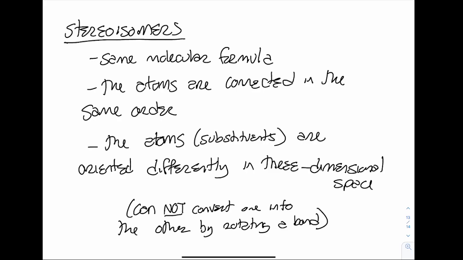So if it was going back, and let's say I need to move it to the front, I'm moving it in three-dimensional space to a different orientation, but then I'm reattaching it to the same atom. My atoms are connected in the same order. With my structural isomers, I was removing it and moving it to a different atom because they're connected in different orders. Here I'm removing it, but I'm reattaching it to the same atom, just oriented in space differently.